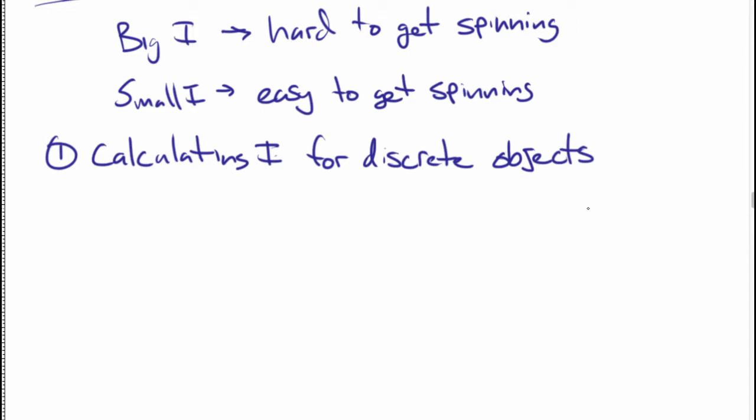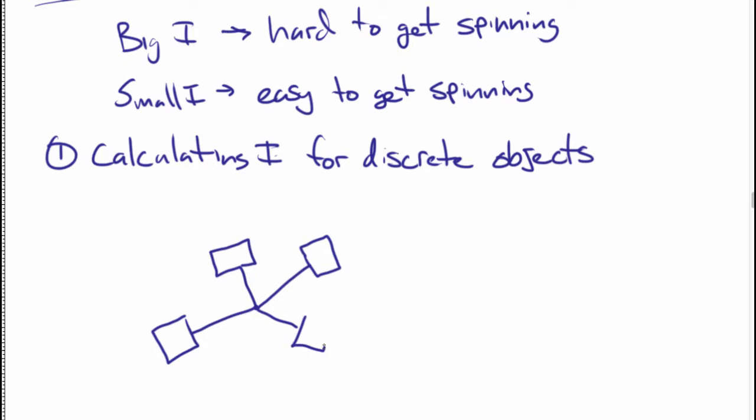And what I mean by discrete objects are objects that we sort of treat as point objects. In other words, imagine that I've got some sort of strangely shaped wheel, and that wheel has a few different spokes, and on the end of each of these spokes, there is some mass. We're just doing this in the general sense, so the shape of the wheel doesn't really matter.